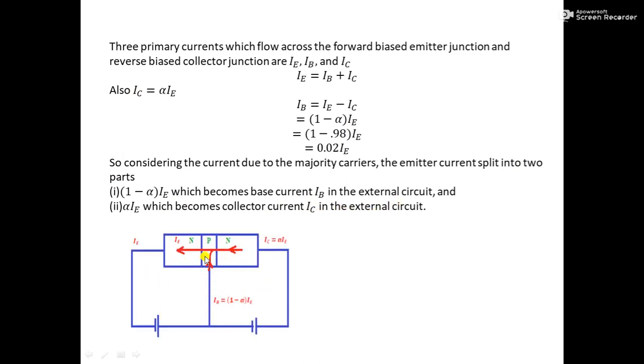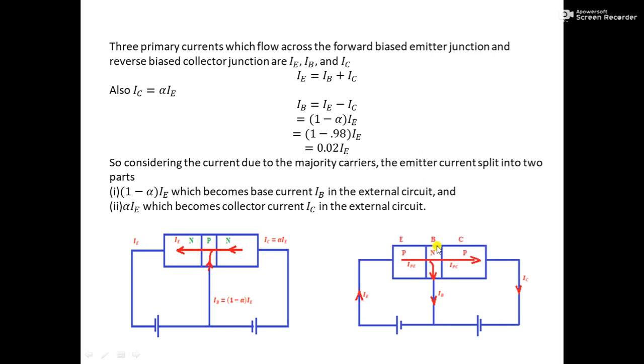This is an NPN transistor. The current is flowing in this direction because of the majority carriers. In the last lecture, I explained the flow of current through the transistor: the majority carriers in the emitter region, the electrons, flow towards the collector, and the current flows in this direction, IE, which is the sum of IB plus IC.